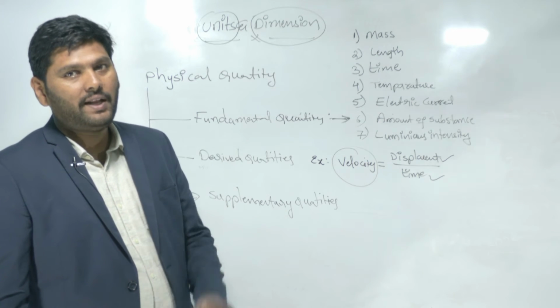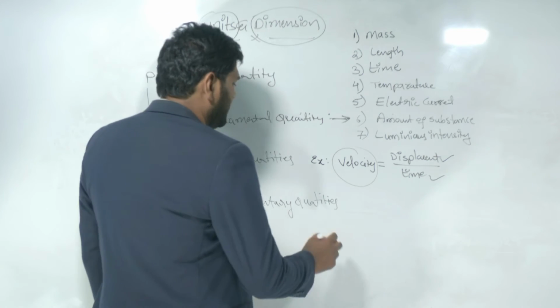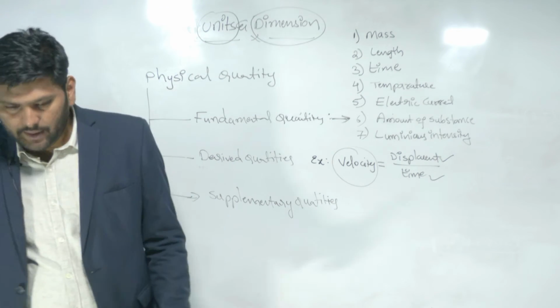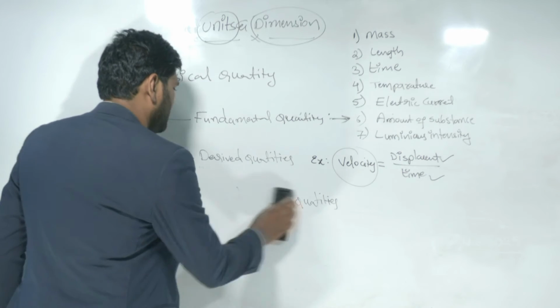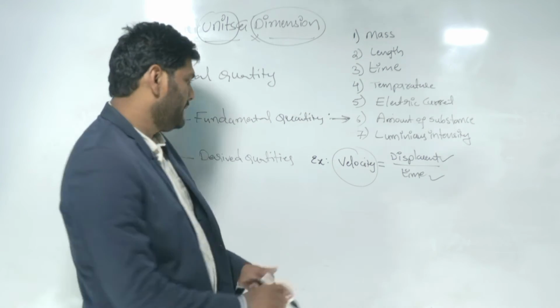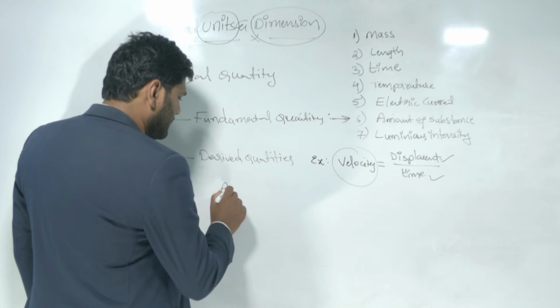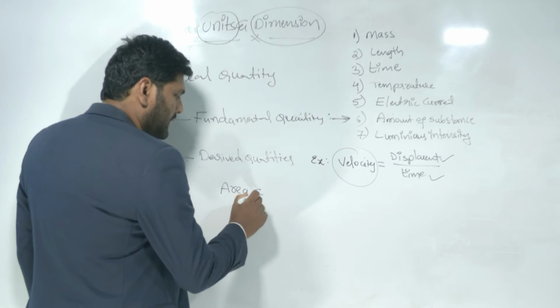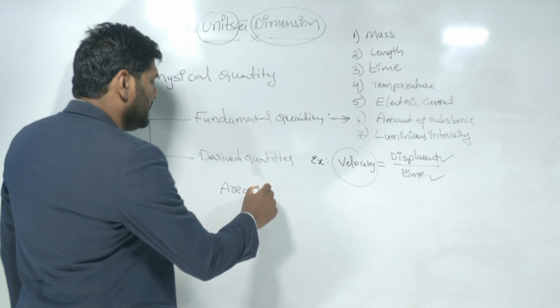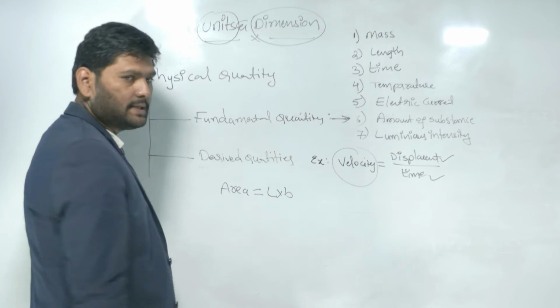You know one thing, the area and volume are also derived quantities. Can I say how it is? Look at here, area. When you are talking about area, the mathematical formula is length into breadth, isn't it?